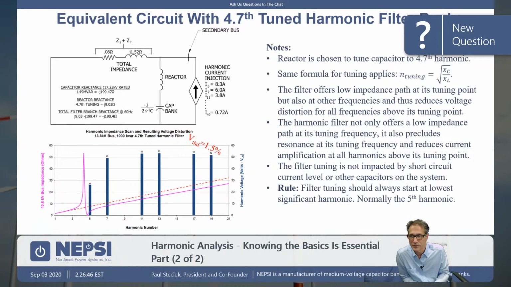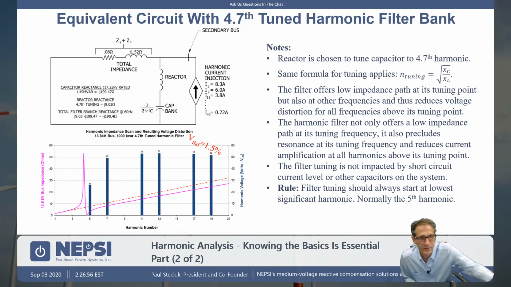All right, a question. Yeah, Paul, you have a question from Syed. He says, why is 6% reactor used as a typical series reactor? Well, that's a good question. So 6% reactor, the first thing you have to do is, well, what is a 6% reactor? If I take 0.06, and I invert that and take the square root, that's a 4.08 tuning point.